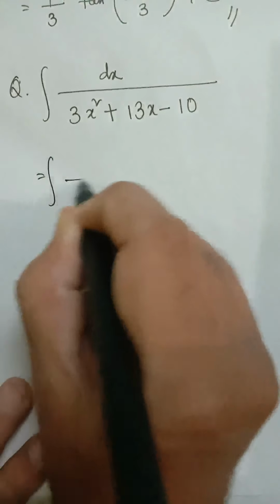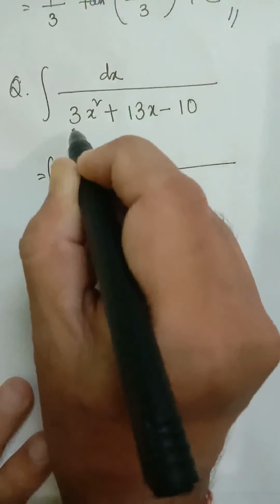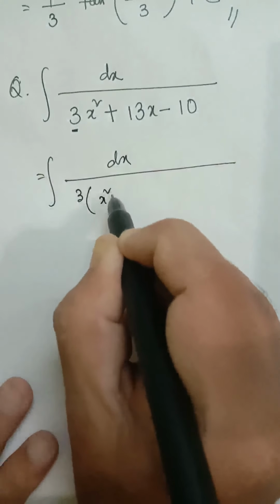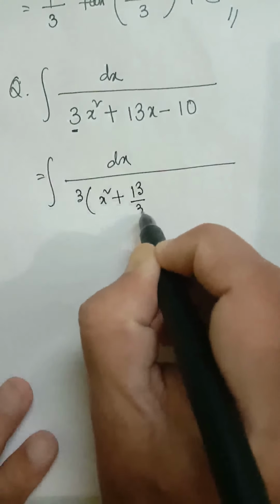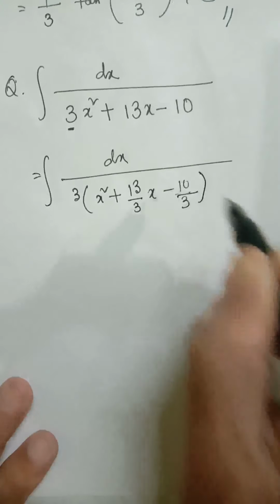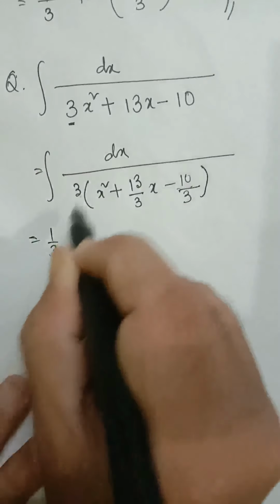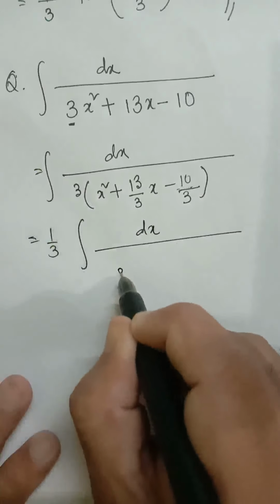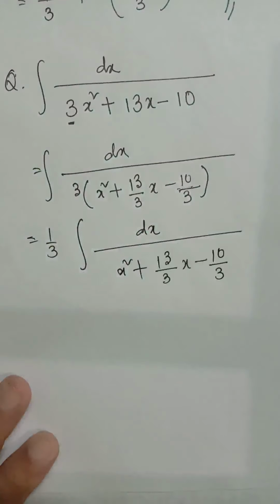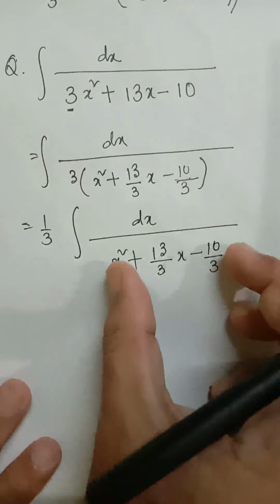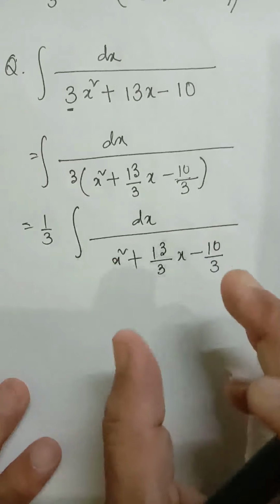Our first step will be to take the coefficient of x square common in the denominator. If we take 3 common, it will be x square plus 13 by 3 x minus 10 by 3. Taking 3 outside the integration sign, as this is a constant, now we have to express this in whole square form.